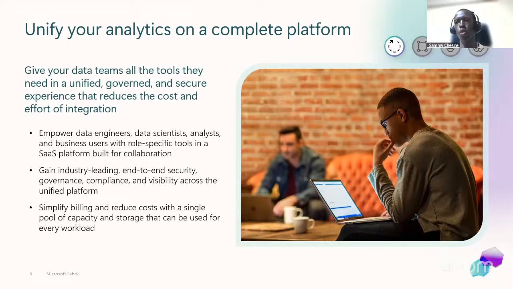A key piece of this platform, now that we are all working together under one platform, is how do we ensure that the data we store in this system is secure? Everything that we do in Fabric is protected by enterprise-level security and governance. This means that our data stays private, compliant, and easy to monitor, because we need to monitor what's happening, who has access to what, and who does not need access.